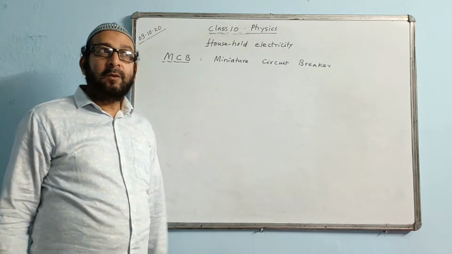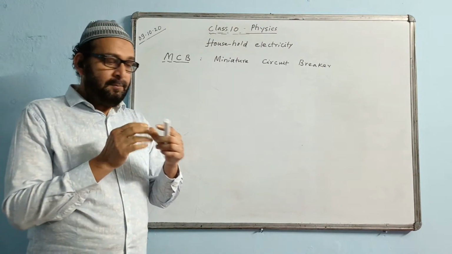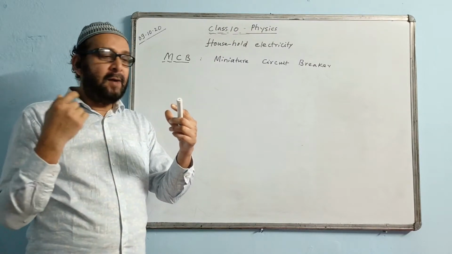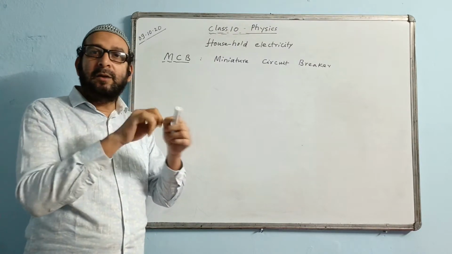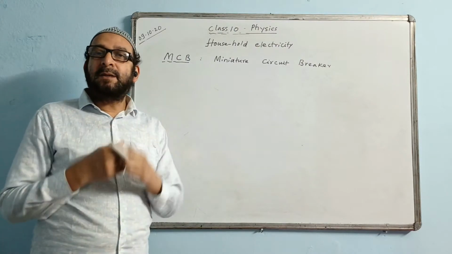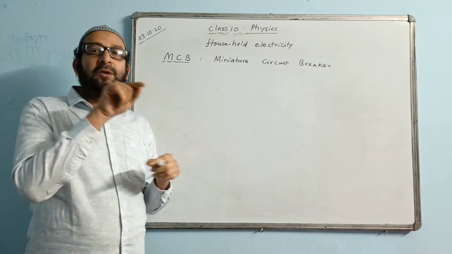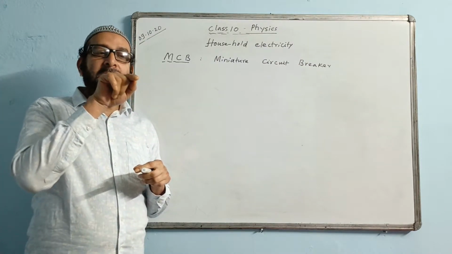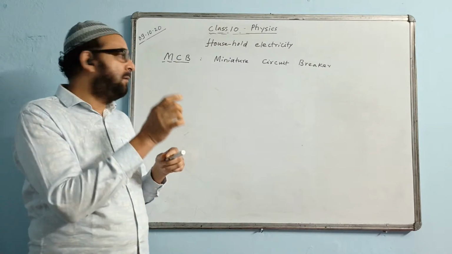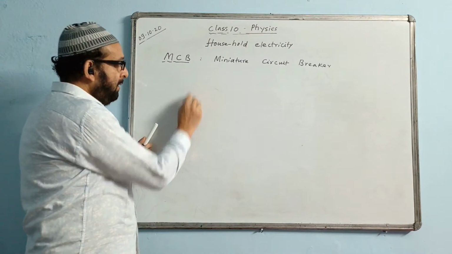Why is it more efficient? Because in a fuse there is a wire inside, the wire melts and you have to remove it and replace it with a new one. But in a miniature circuit breaker, no replacement is needed. There is a switch or lever, it goes down by itself. You must have seen it, like a black switch tab, it goes down.